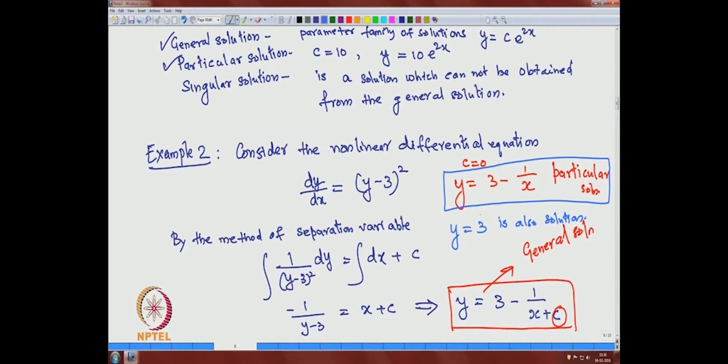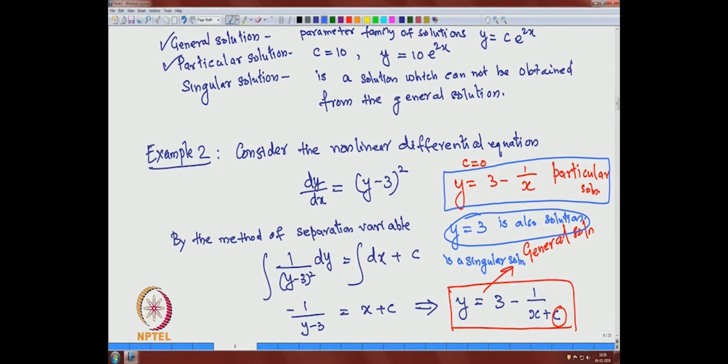So, y is equal to 3 is a singular solution. So, in this example we see 3 types of solution: general solution and a particular solution, and also a singular solution.